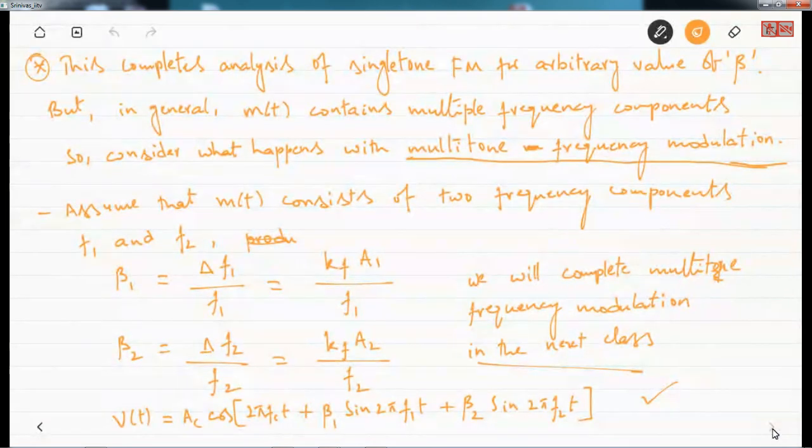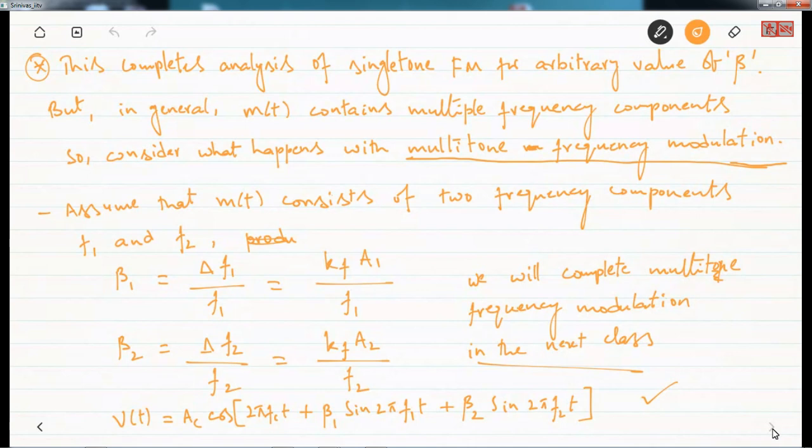Then what we did was, that was all for a single frequency, in the sense m of t, the baseband signal, contains a single sinusoid, Am cos 2 pi fm t. But we just wanted to see what happens when there are multiple frequencies in m of t.